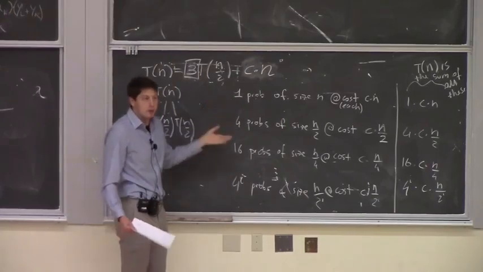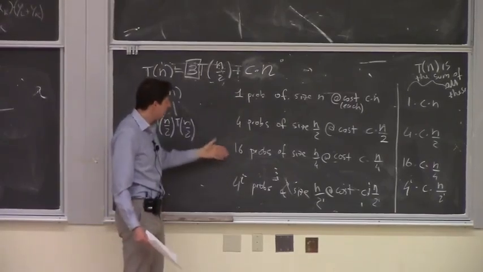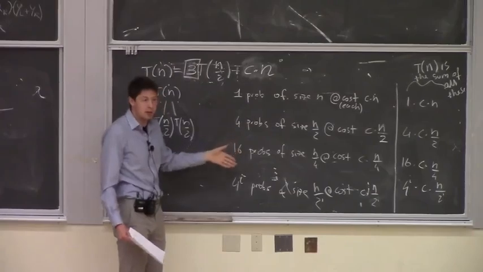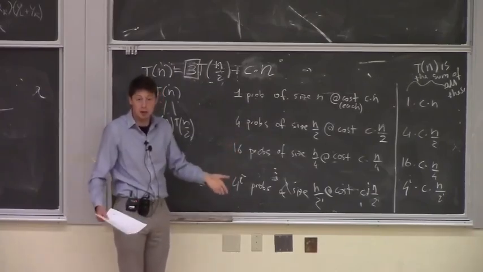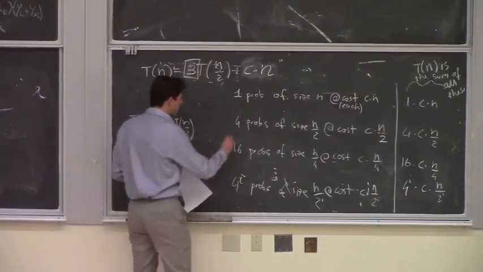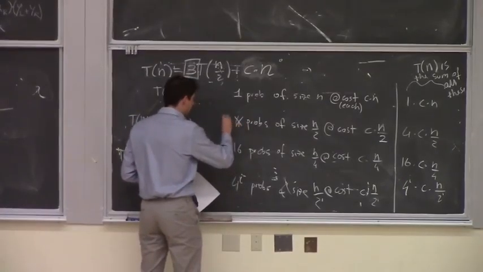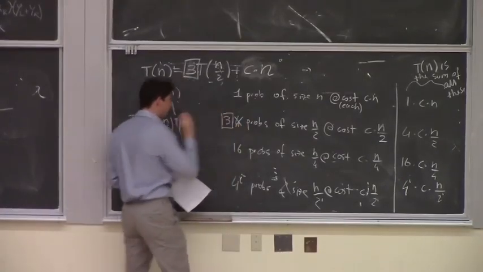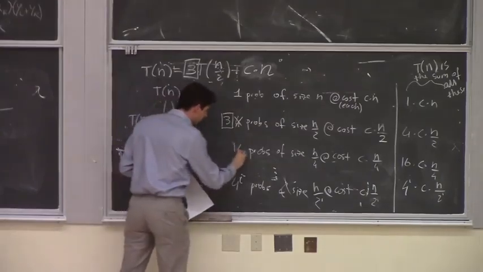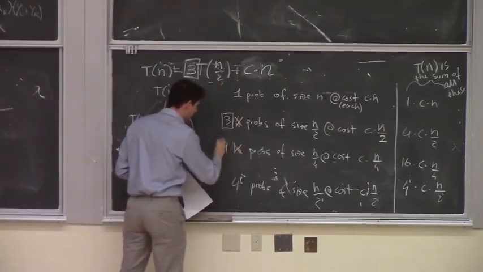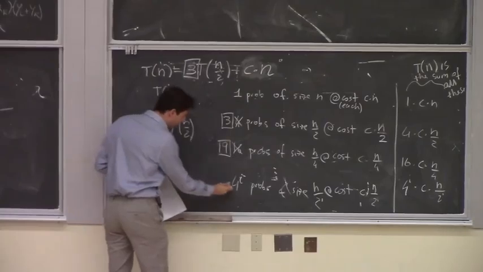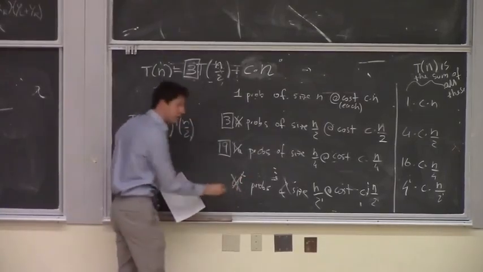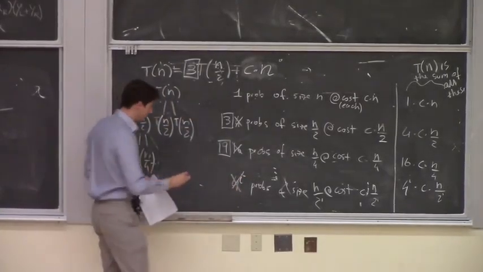First, number of problems. You have fewer sub-problems. Clearly, the fan-out, instead of growing by 4 each time, will grow by 3 each time. So we don't have 4 here anymore. We have 3. We don't have 16 here anymore. We have 9. We don't have 4 to the i anymore. We have 3 to the i.